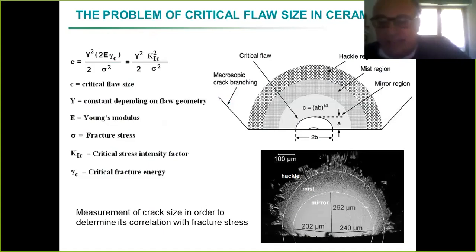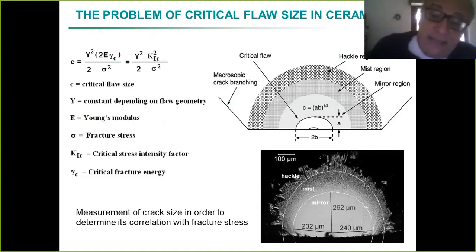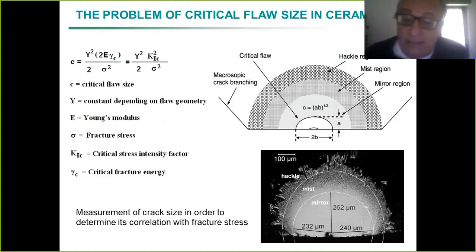And you can see that under the microscope we divide the fracture surface of the ceramic into three parts, which are mirror, mist, and hackle.